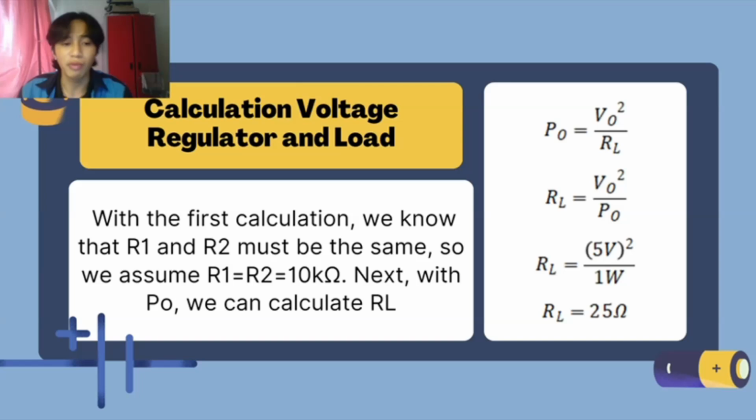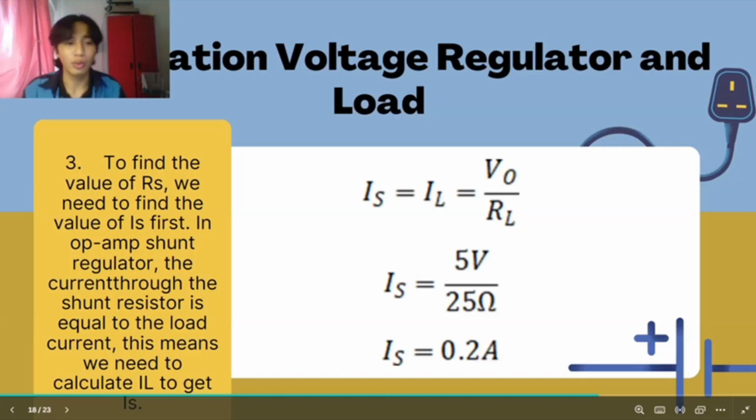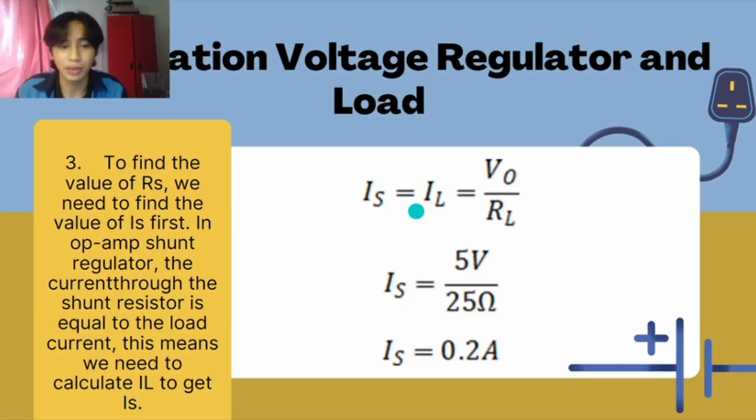Next, with PO, we can calculate the RL by 5 volts squared divided by 1 watt, which equals 25. So the RL we got here is 25 ohm. Next, to find the value of RS, we need to find the value of IS first.